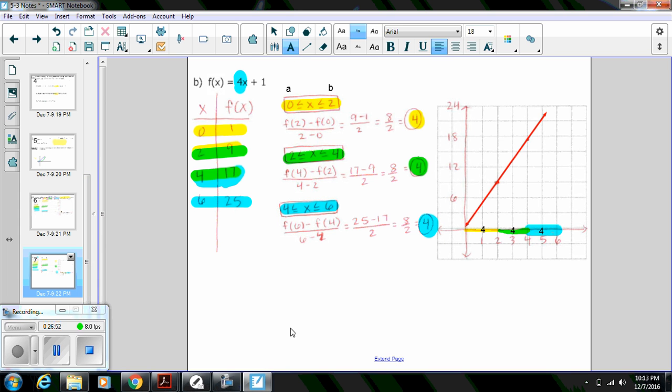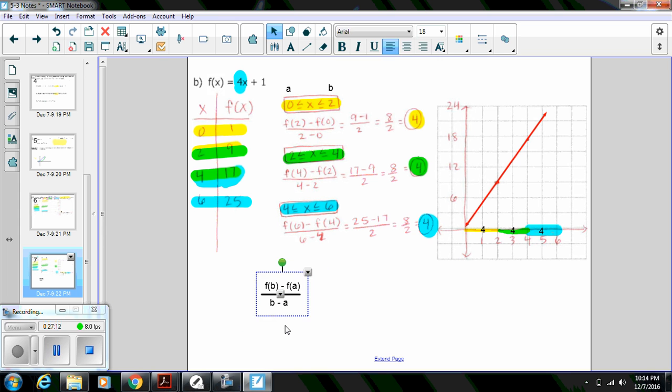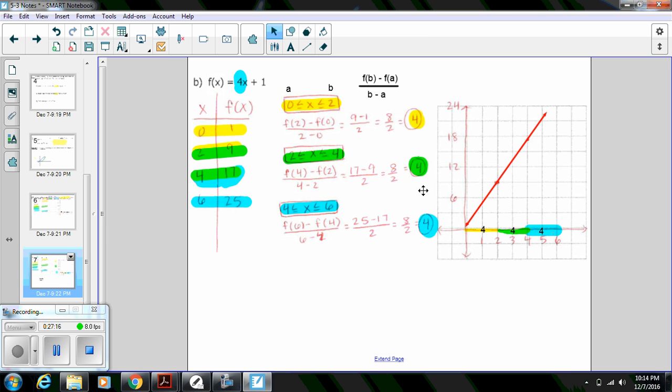So remember, the average rate of change formula is f of b minus f of a all over b minus a. It is now at the bottom of the page for you. This is the formula we've been using. This is very important. So when looking at this, it's important to rewrite it.